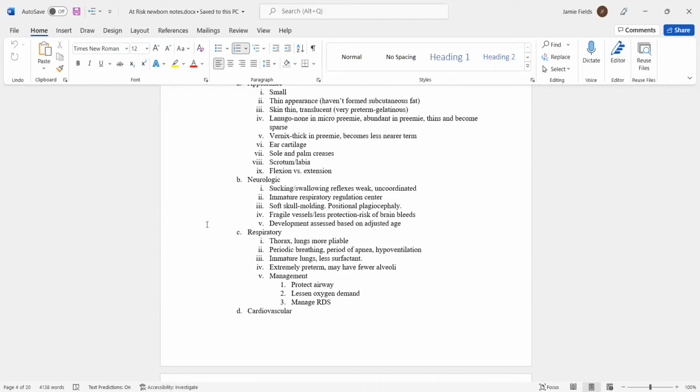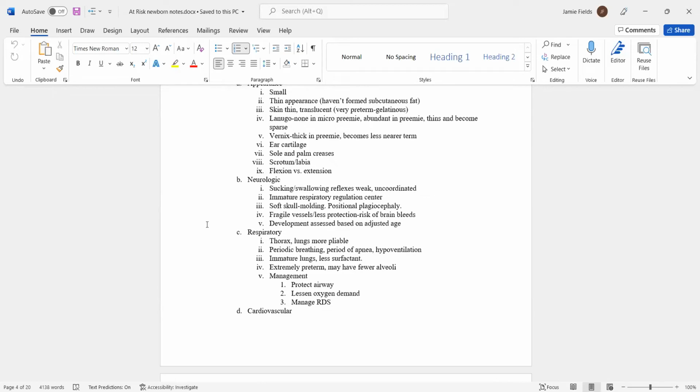Okay, respiratory effort, higher risk of brain bleed. Why do they have a higher risk of brain bleeds? Vessels are more fragile. Oh yeah, they may be in extension instead of flexion.